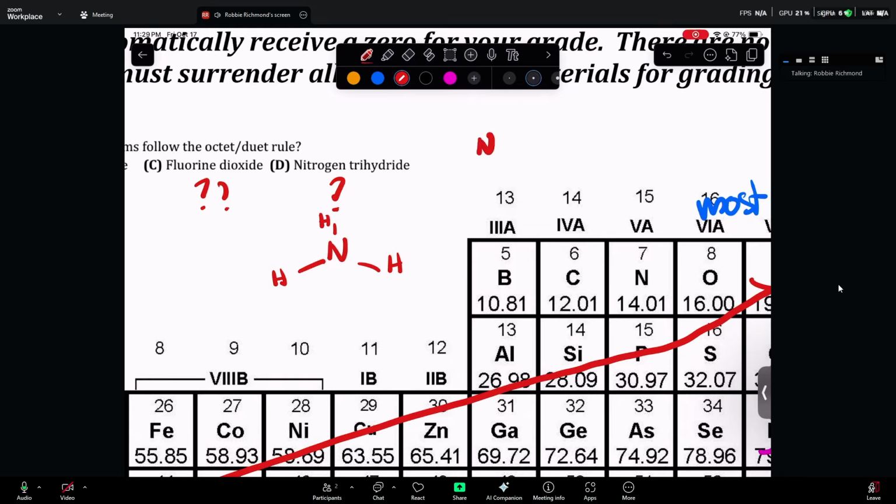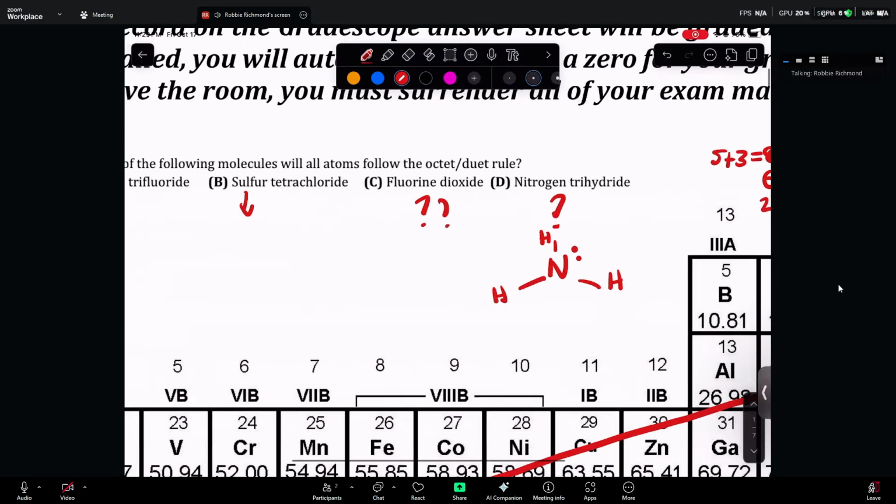We have nitrogen, that's 5, plus the 3 from hydrogen. We have 8 valence electrons we're working with. And if we have spent already 6 here, we have 2 left. So the remaining option, and the only option, is to throw it on the central atom of nitrogen. So that follows the octet rule.